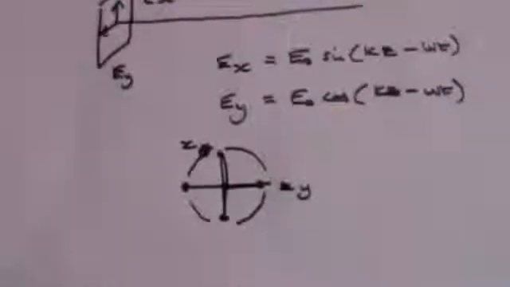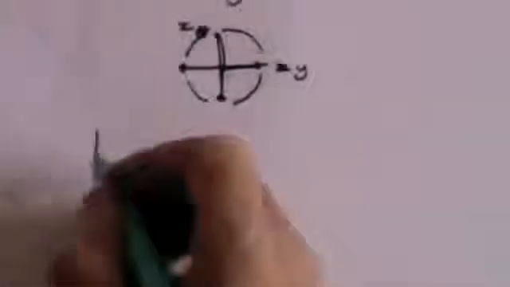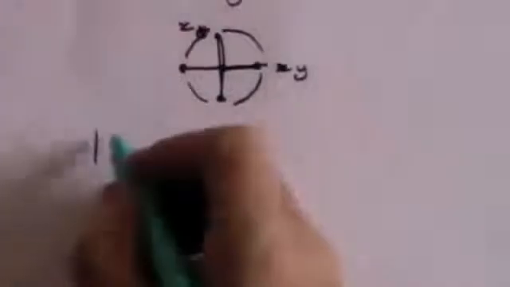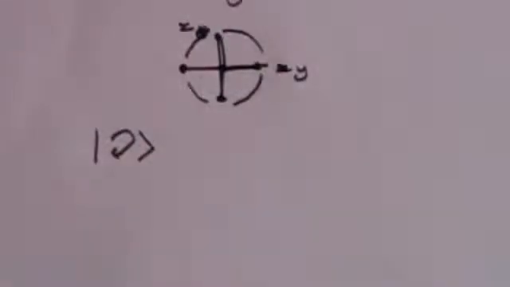So guess what? We're going to have to find the eigenvectors associated with circularly polarized light. So there are two directions the light can be polarized. It can be obviously polarized clockwise circularly or anti-clockwise.